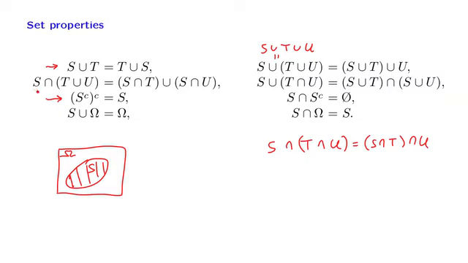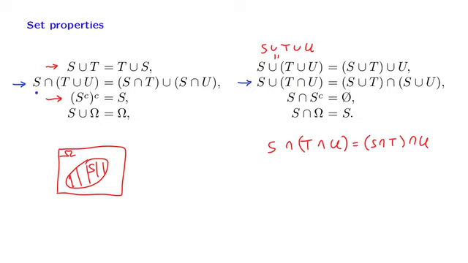Perhaps the more complicated properties out of this list are this one and this one, which are a sort of distributive property of intersections and unions, and I will let you convince yourselves that these are true. The way that you verify them is by proceeding logically.